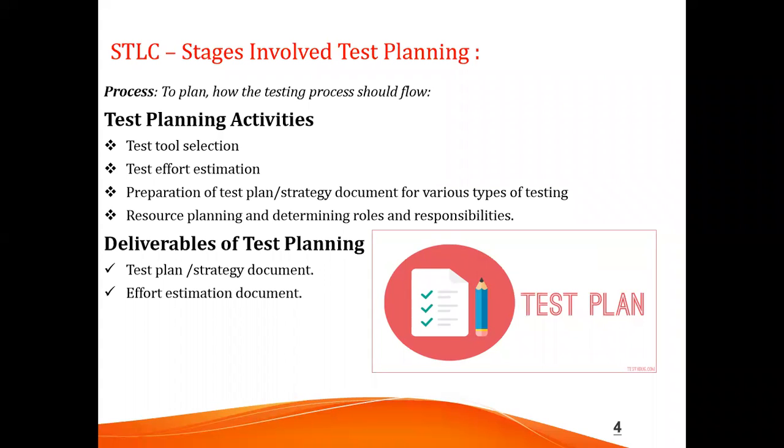If you are doing API testing, you can use SOAP UI or Postman. For performance testing, you need to use JMeter or LoadRunner. So for every test there must be some tool, and that tool selection should be done in the test planning phase, along with the test effort estimation.